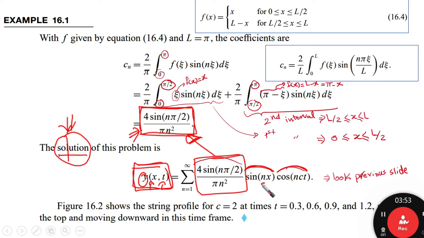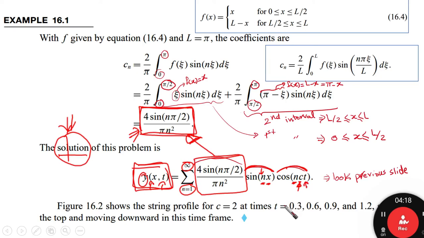So n is the number of terms that we're going to take. We can decide whatever we want. And this c, we said it is a constant, depending on the density or rho of the rope itself. It's going to be given. And then here t, a different t.